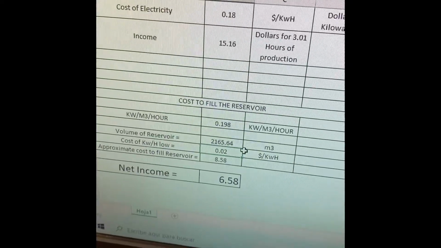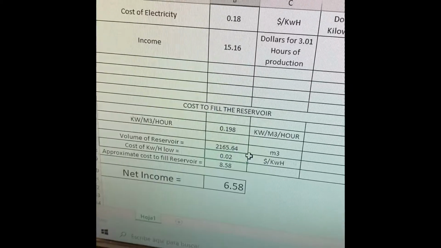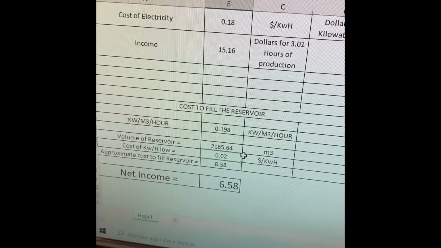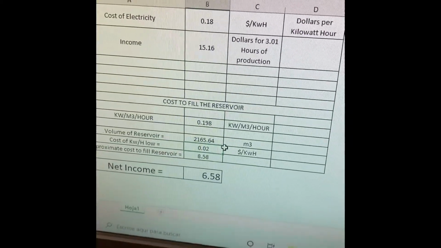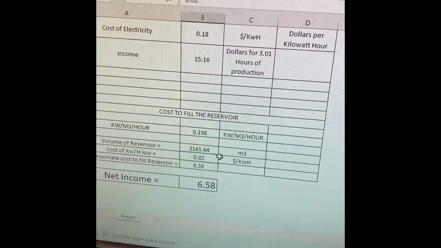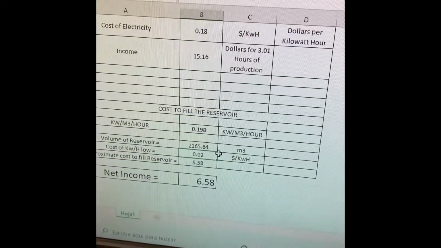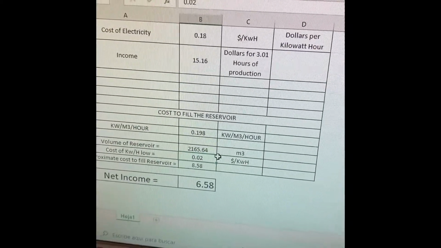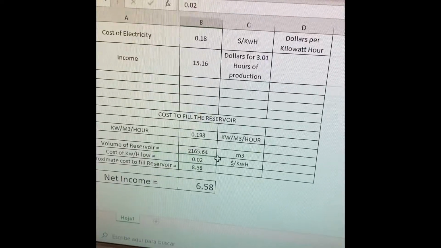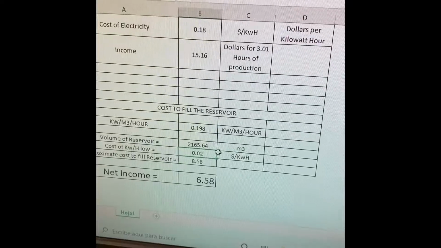If you have only 1 hour per day that the cost of kilowatt is really low, we have to take advantage of that time and fill the reservoir in that period. But that only means that we put more pumps or 1 big pump, and that's it.